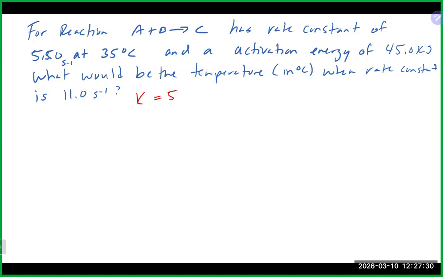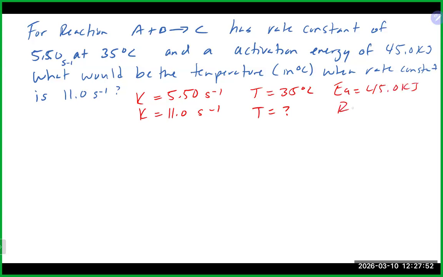We got a temperature that goes with this, 35 degrees Celsius. We have another rate constant of 11, and we're looking for the temperature. We do have E of A, 45 kilojoules, and we do have R that's always available to us.